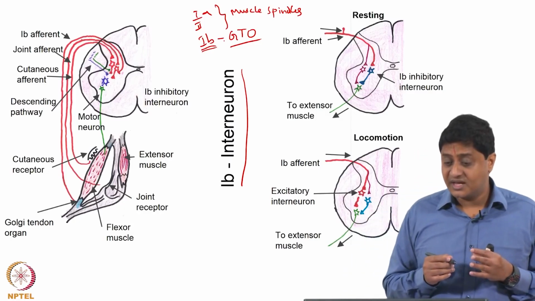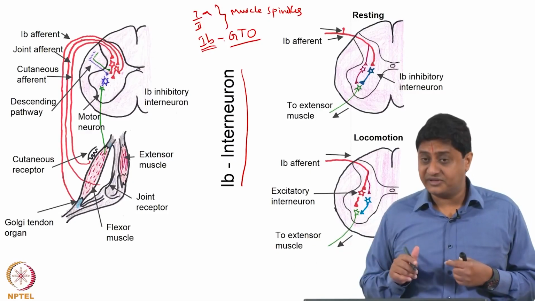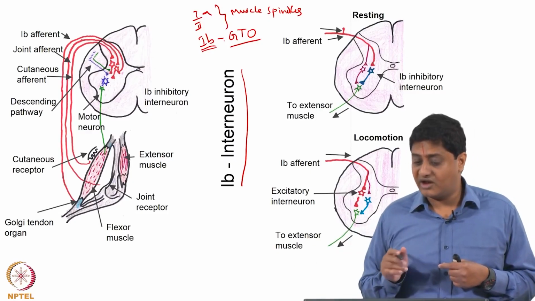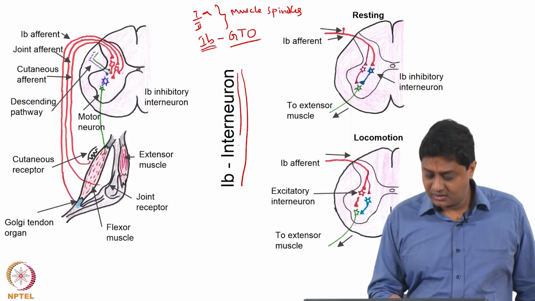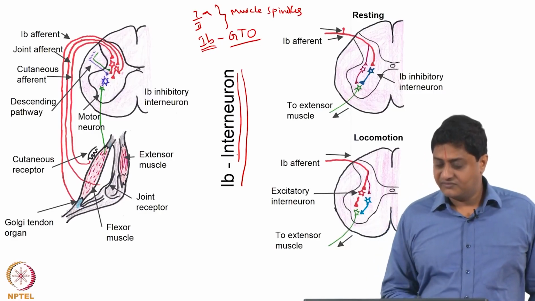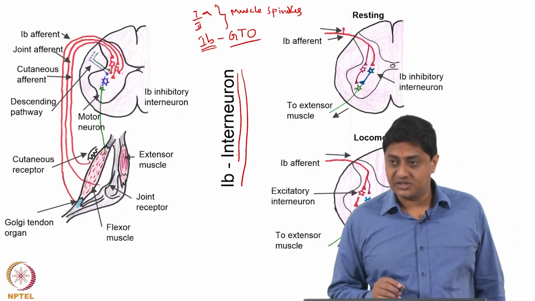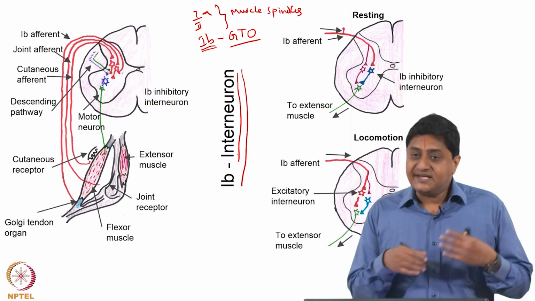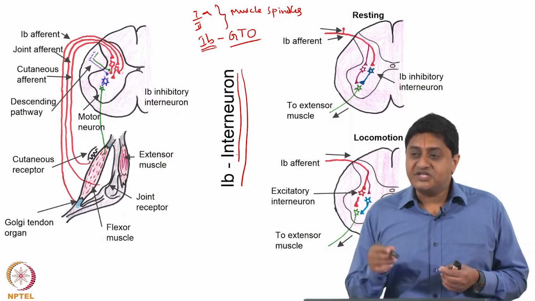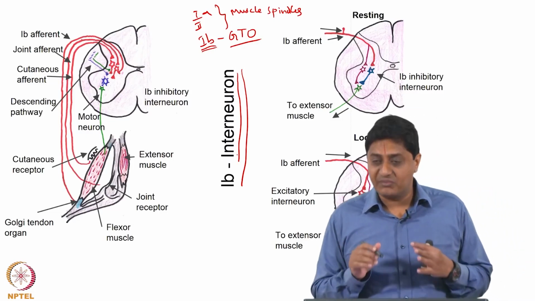So that means I cannot directly inhibit the alpha motor neuron. So what happens is that there is an interneuron, which is called the 1B interneuron. The 1B afferent excites a 1B interneuron which inhibits the alpha motor neuron of the same muscle.